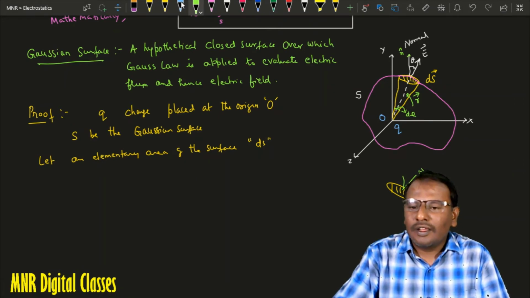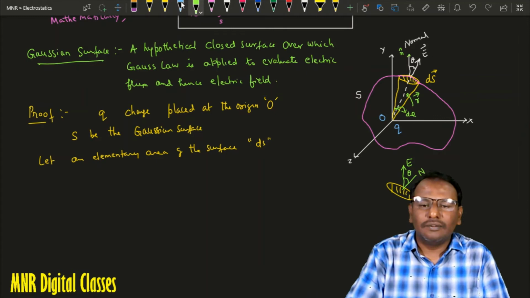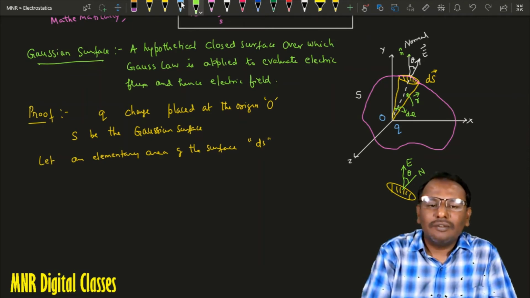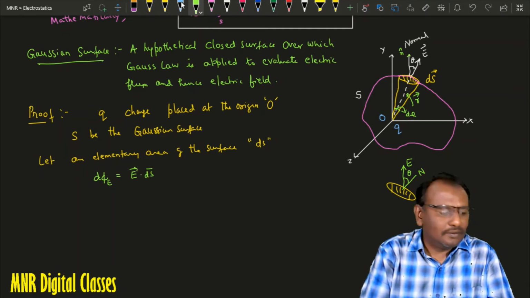Now let us say this is the electric field vector emerging out of the surface. Then if the angle between the normal and the electric field vector is theta, then let the surface area be, take it as ds. Then we can write the flux emerging out of the surface d phi is equal to E bar dot ds bar. Call this as equation 1.